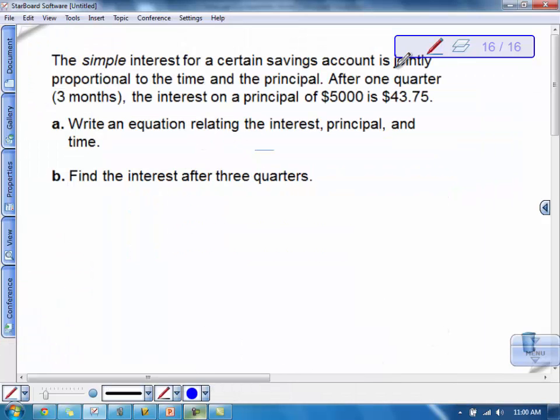All right. So simple interest is jointly proportional to the time and the principal. I'm going to write this equation. The principal is 5,000, and after 1/4, 3 months, the interest is 43.75, so we'll plug that in for interest.